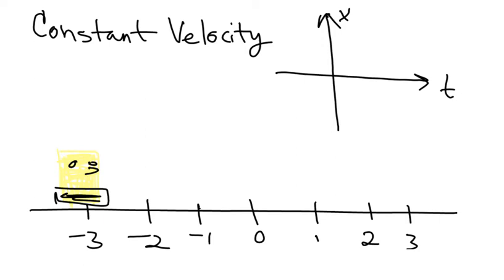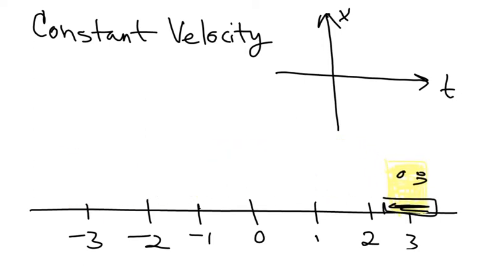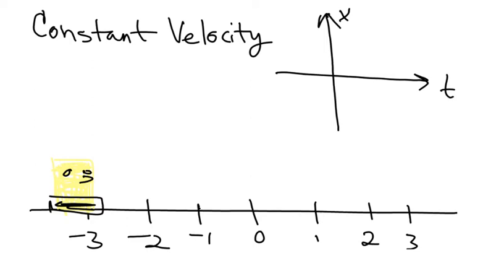So again, he's starting out at 3, a second later he's at 1, then at -1, then at -3. What I want you to do is draw this graph, the x-t graph, and try to draw what SpongeBob's motion should look like. So pause this video. In your notebook, try to draw what you think the graph should look like.